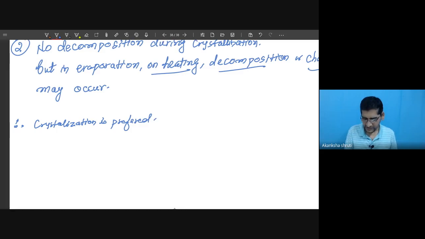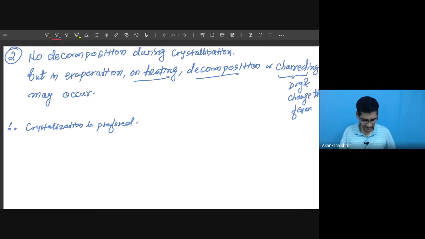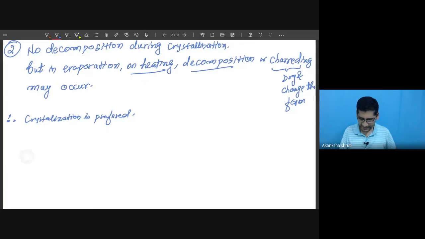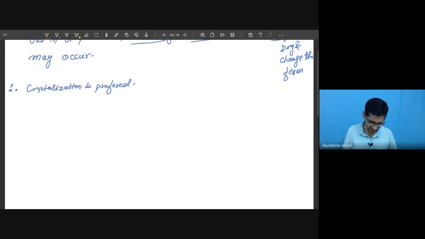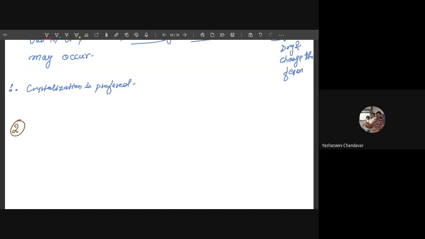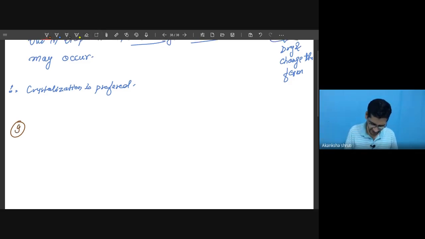Okay, students, so it was all about this. Let us stop the class here today. Next day we will learn about the other two methods: distillation and fractional distillation.